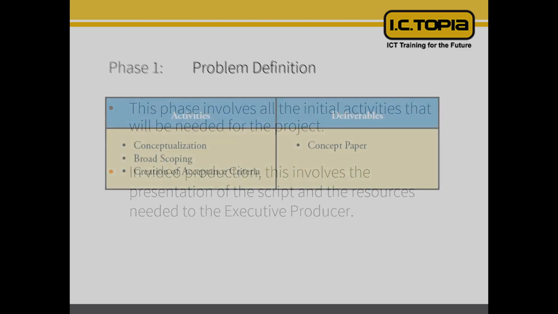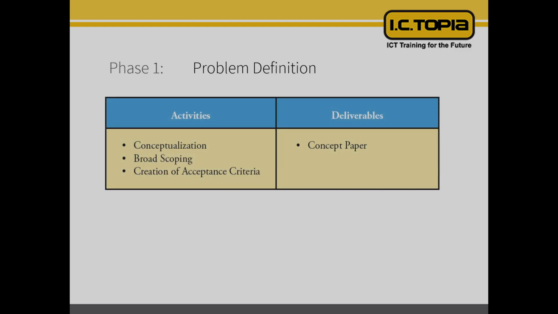So that is the phase 1. So in problem definition, the activities are conceptualization, broad scoping, creation of acceptance criteria. In deliverables, we have the concept paper. So ngayon, nalaman nila kung ano-ano yung mga problems na kailangan nilang asikasuhin, ayusin. Diba? Okay, so that is the phase 1.